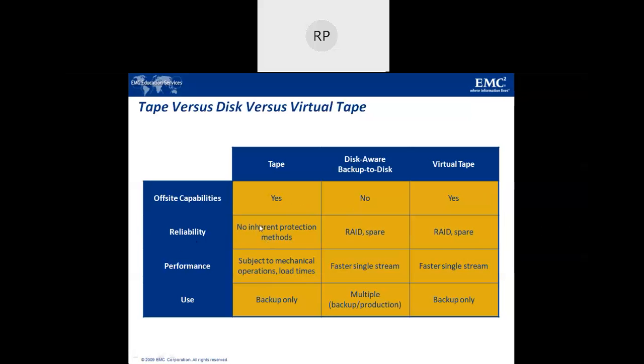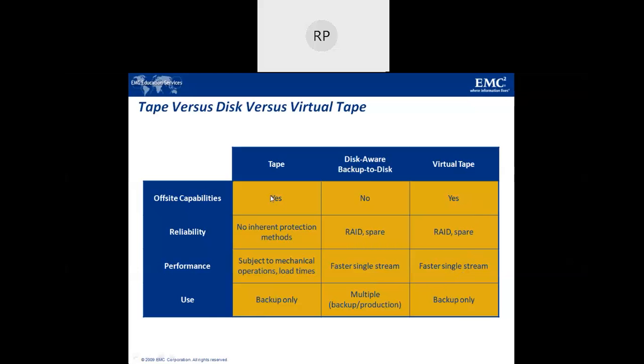Reliability: tape has no inherent protection methods, but in disks you can have RAID and a spare disk. In virtual tape you may also have RAID and a spare disk. Performance: tape load times are more and subject to mechanical operations. Backup to disk is faster with a single stream, and virtual tape is also faster with a single stream.